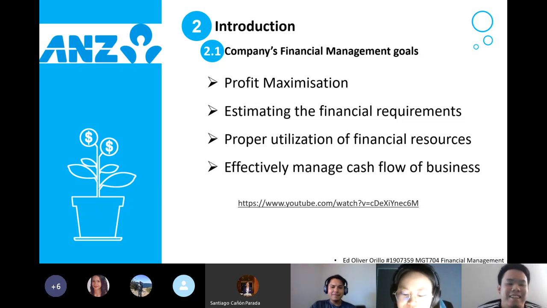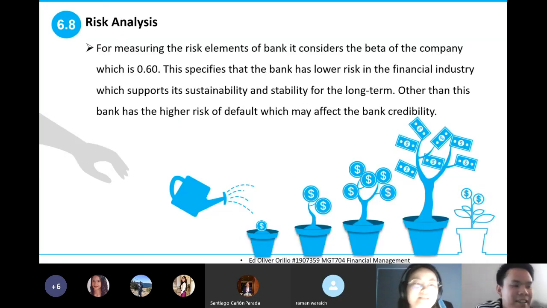Okay, Ed, can you please move to your risk analysis? Very good explanation for all of this: the company information, their product, their size, the corporate governance, and also social responsibility, no problem. But for the risk analysis, shouldn't this be related back to the capital budgeting? There's only one section in your project that discusses risk analysis, and I hope you can associate it with capital budgeting.